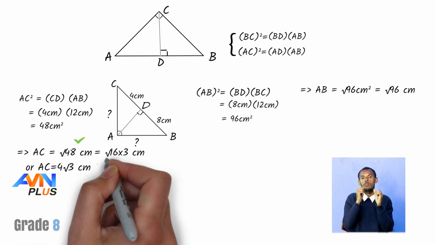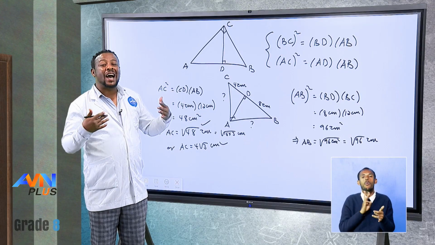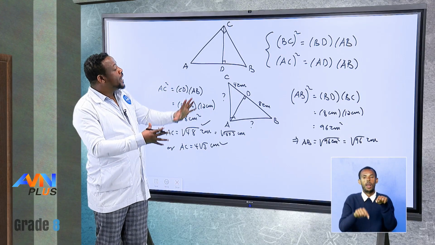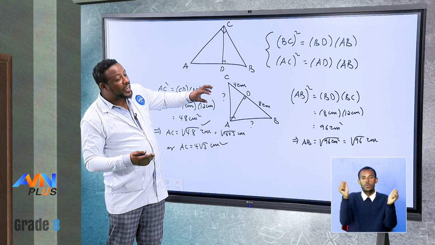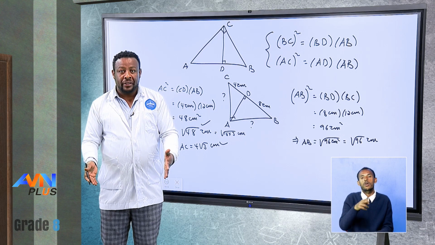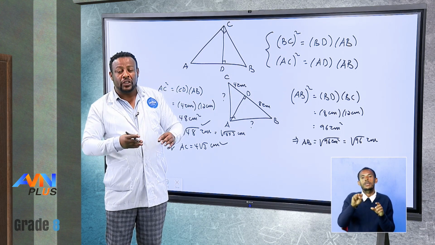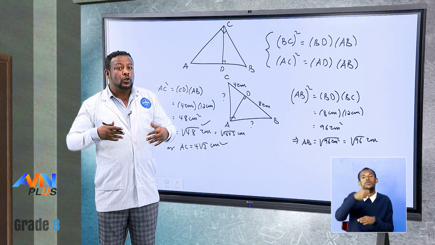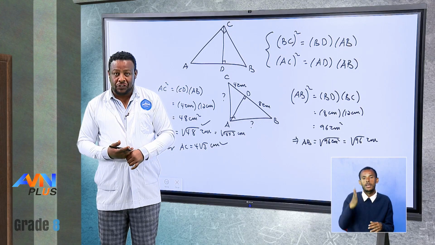So here we've seen how we can calculate the unknown legs given a right angle triangle with extra information on the segments of the hypotenuse. If you have the two segments that the altitude divides on the hypotenuse, you can easily find the remaining sides of the right angle triangle.